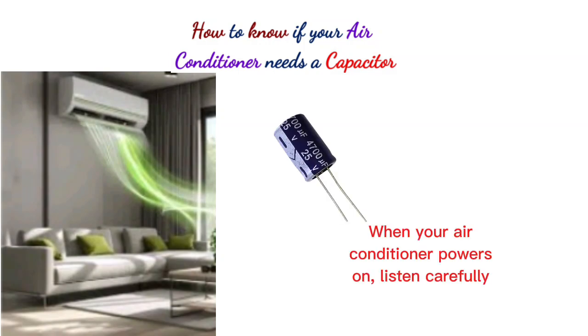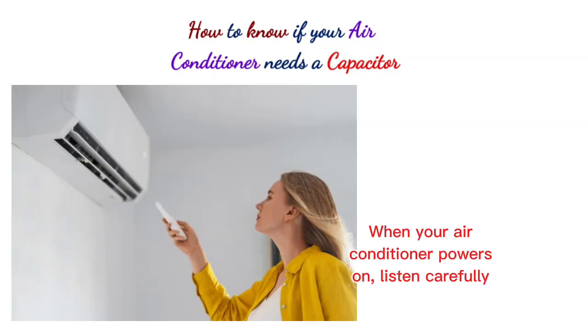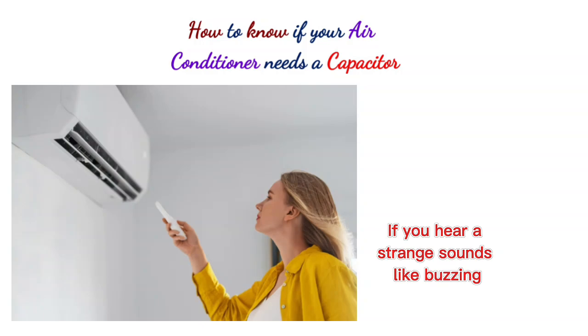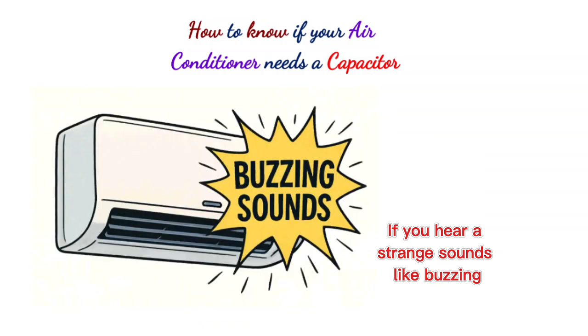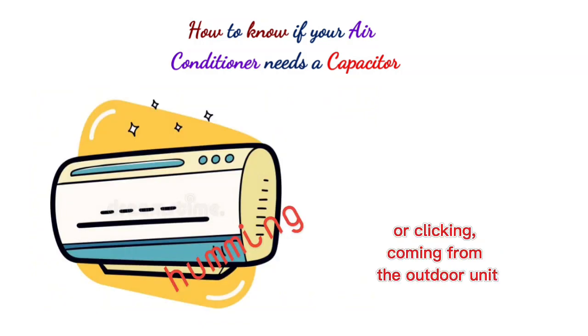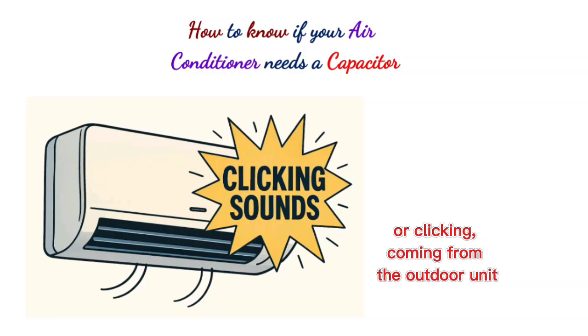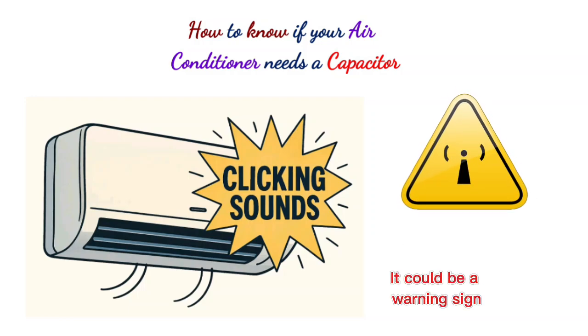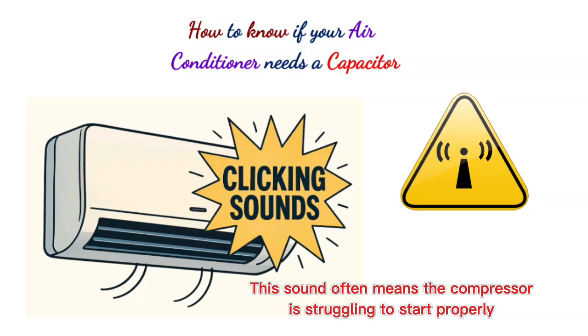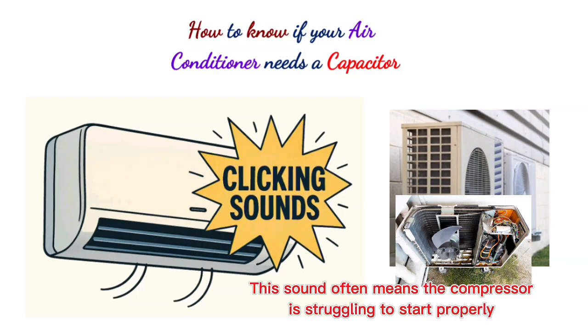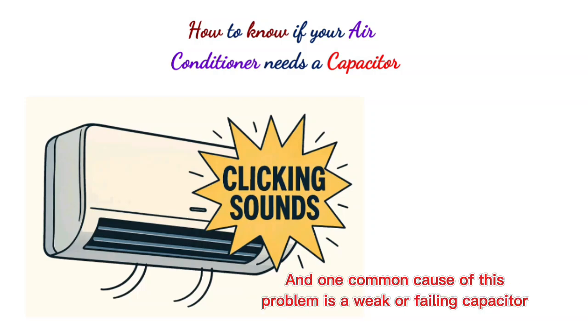When your air conditioner powers on, listen carefully. If you hear strange sounds like buzzing, humming, or clicking coming from the outdoor unit, it could be a warning sign. This sound often means the compressor is struggling to start properly. And one common cause of this problem is a weak or failing capacitor.